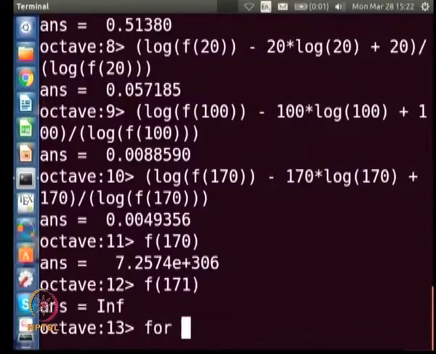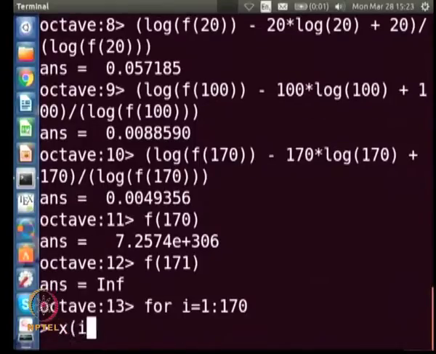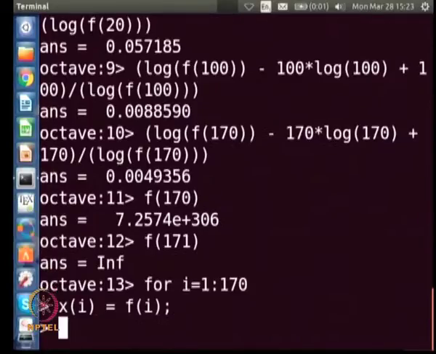Say for i equal to 1 to 170, because that is the limit to which we can go, let x of i be nothing but f of i, the factorial calculated analytically, and let y of i be i into log of i minus i.